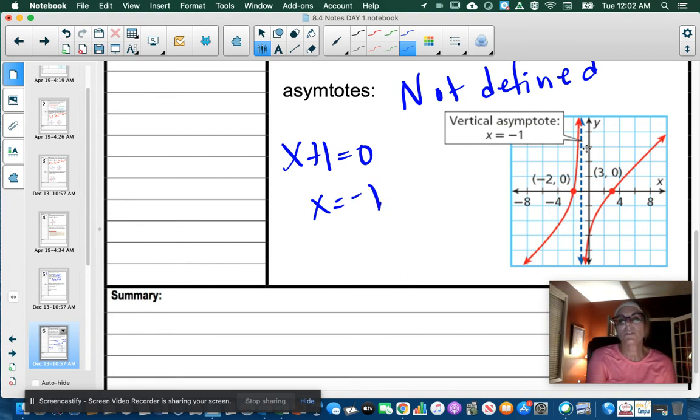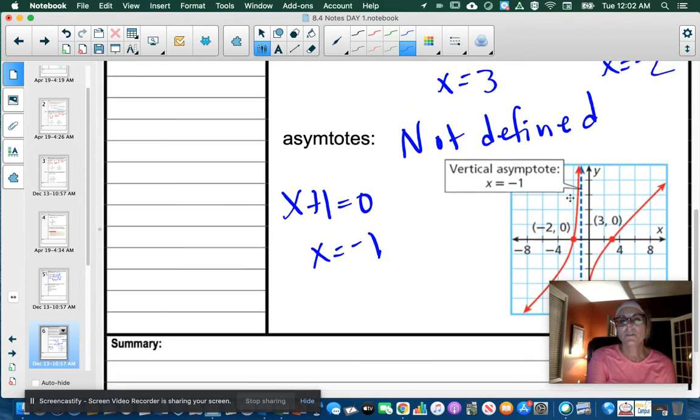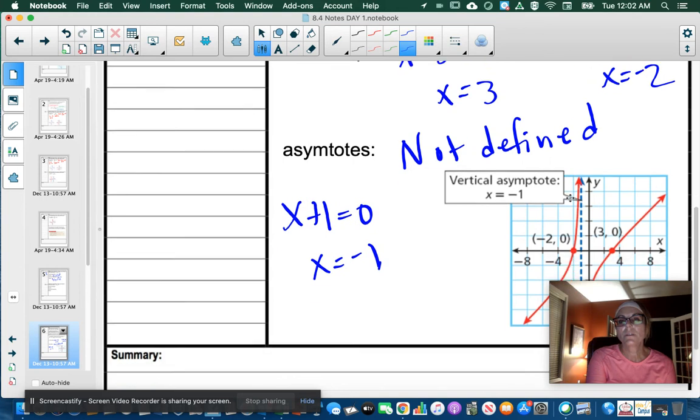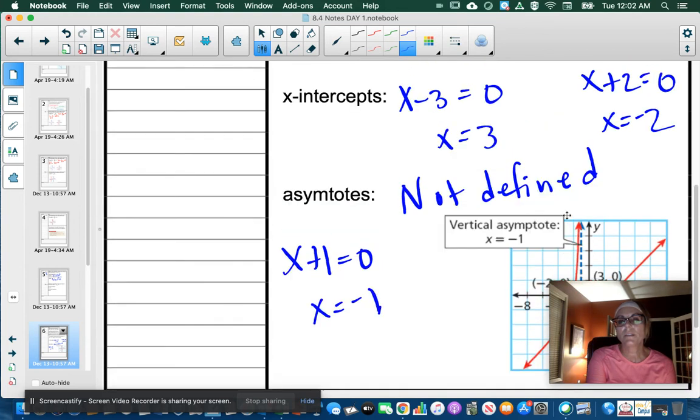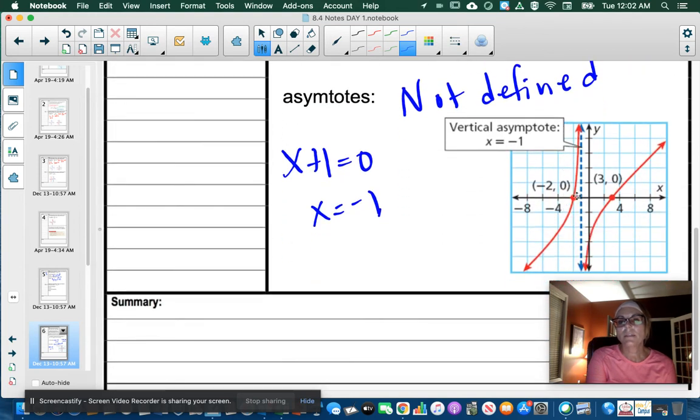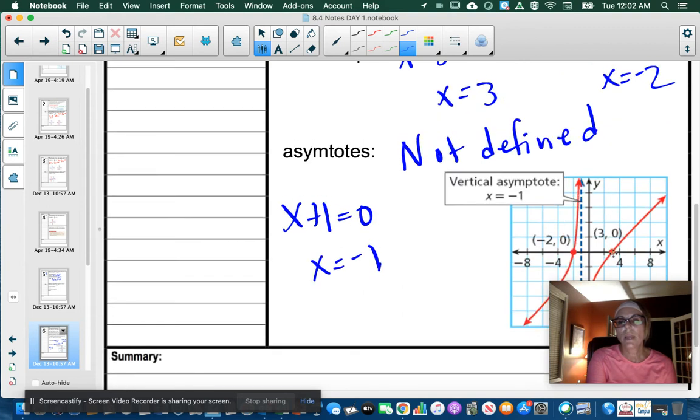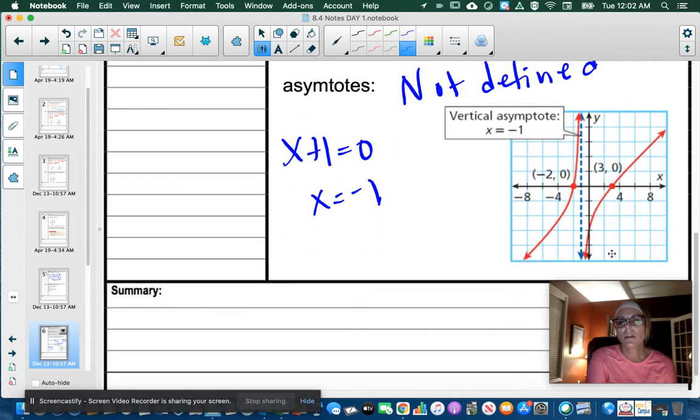And that's where the vertical asymptote is. And as you can see from the graph, the x-intercepts are exactly where I said they would be, at -2 and 3. And again, it's in the shape of a hyperbola. And the asymptote is that vertical line that is approached but never reached.